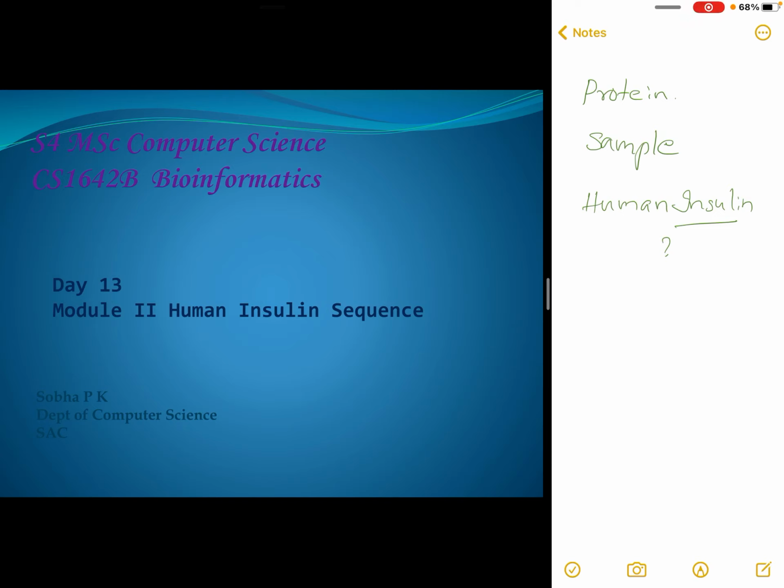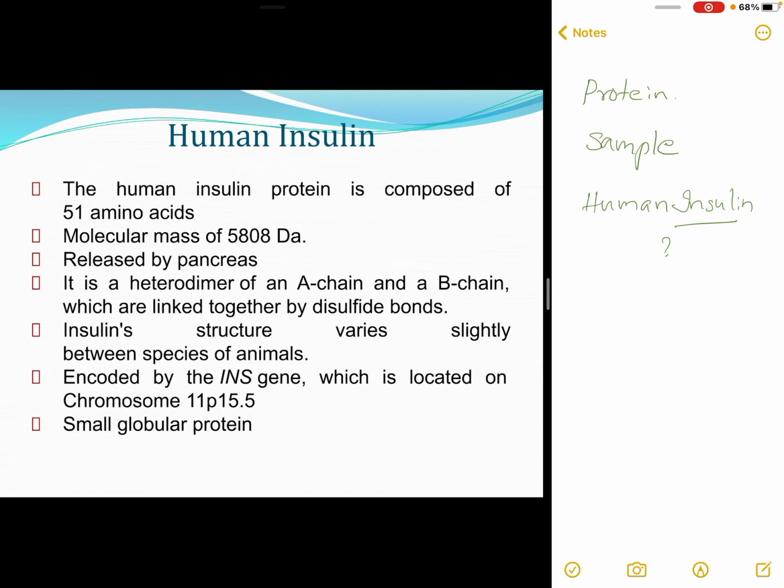Why is that? It is a typical protein which has almost all the basic properties of protein sequences, like the different chains, alpha chain, beta chain, the disulfide bonds, the interactions, etc., present in this human insulin sequence.